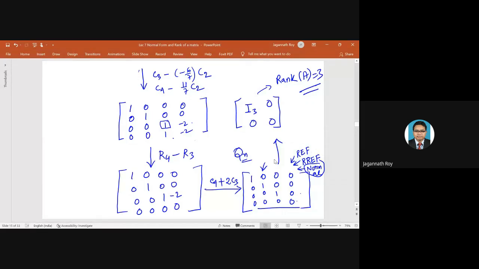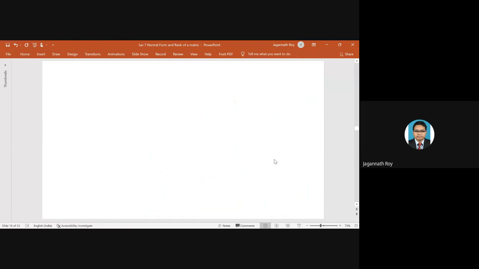So if you do Gaussian elimination with only row operations, okay, let me just summarize. We have four kinds of matrix: I_R, I_R 0, and so on, for a given matrix.